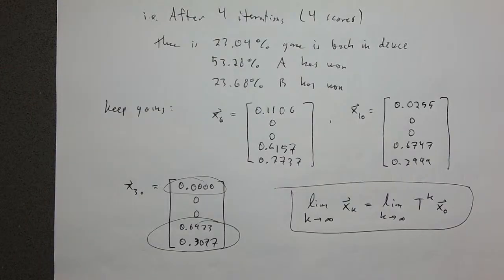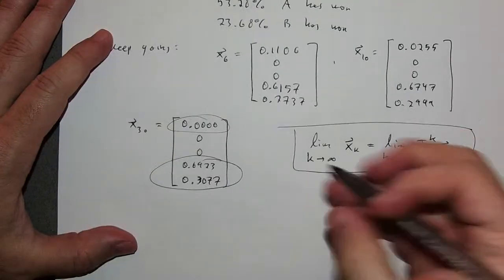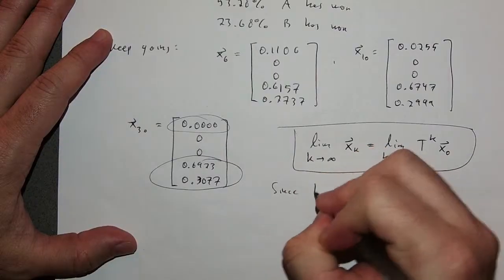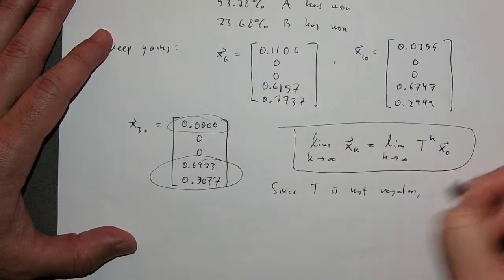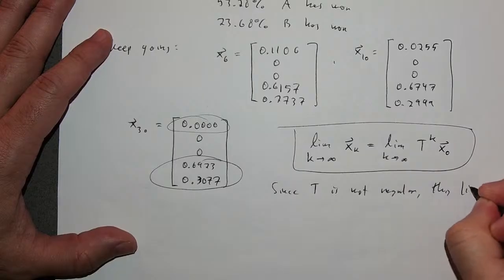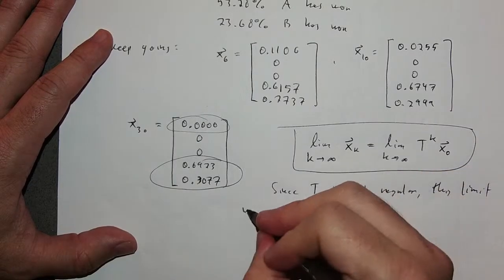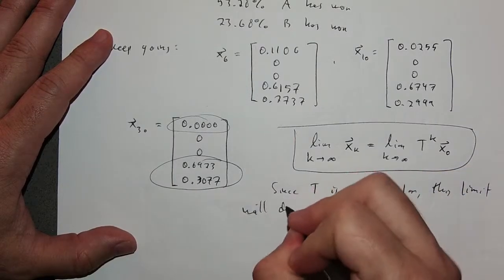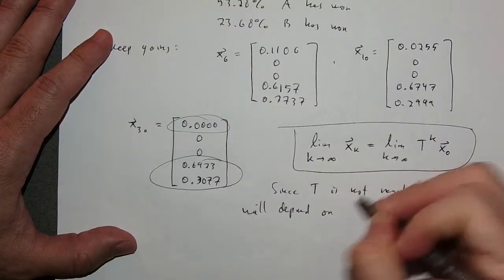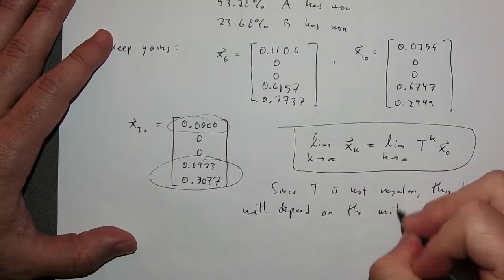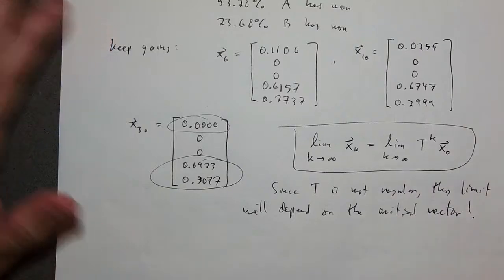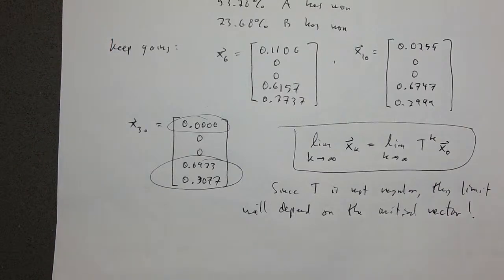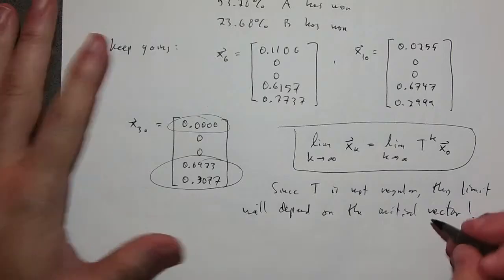Okay. But here's the thing to note. Since T is not regular, this limit will depend on the initial vector. That is a difference with the regular case, right?